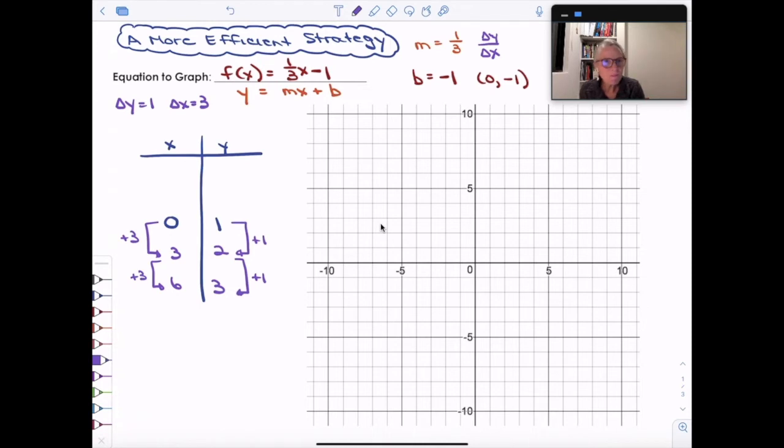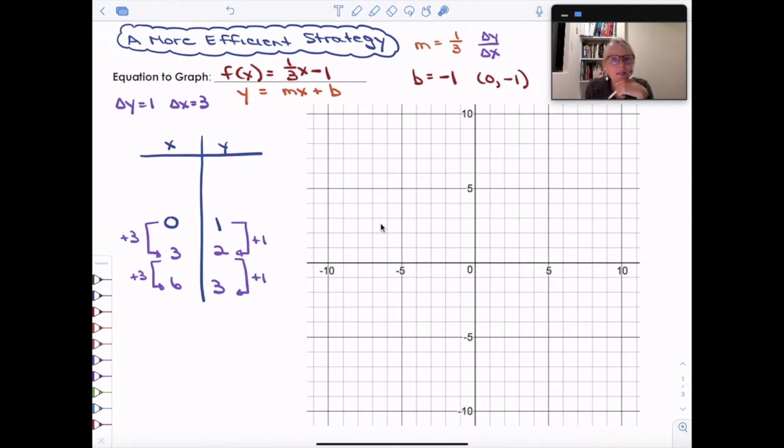Do you see what I'm doing? So I'm using this idea of the change to start at a point: change in y, 1, change in x, 3. Change in y, 1, change in x, 3.